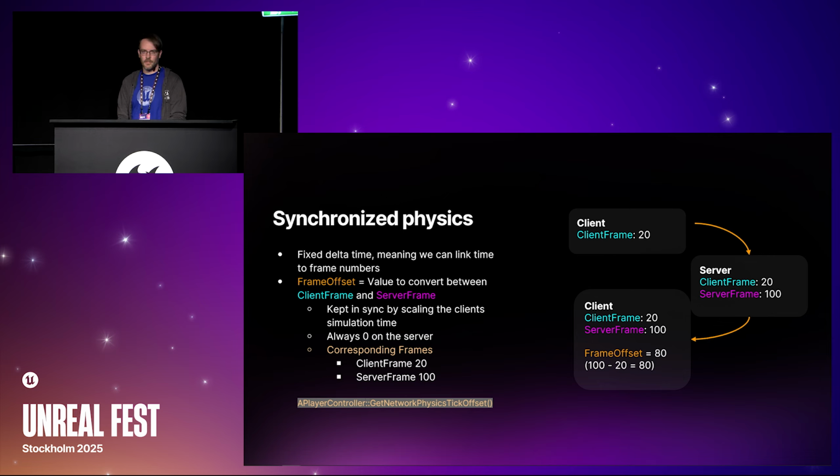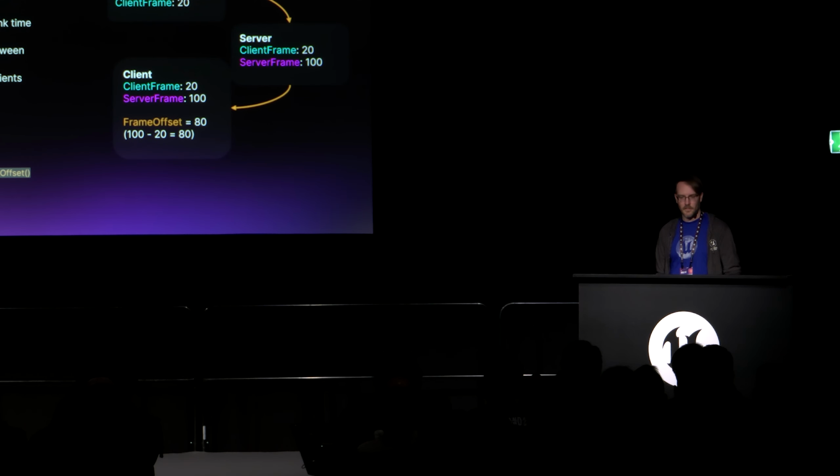And the client will do that by scaling the time of the simulation a little bit. So it might tick a little bit faster or a little bit slower. Nothing you will see. It might be 1 frame over the next 100 physics frames. So it's doing this dynamically all the time to keep this frame offset in sync.